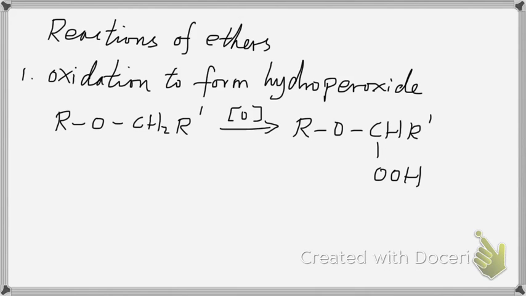When a bottle of ether has been opened for a while, it's going to react with the oxygen gas in the air, and the oxygen gas, O2, can be inserted between the alpha carbon and the alpha hydrogen to form hydrogen peroxide. And this is a very dangerous material that may cause explosion.